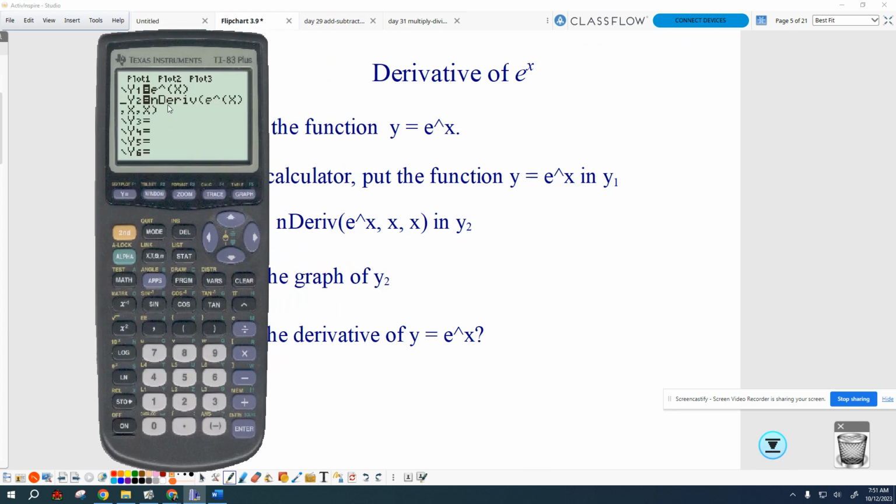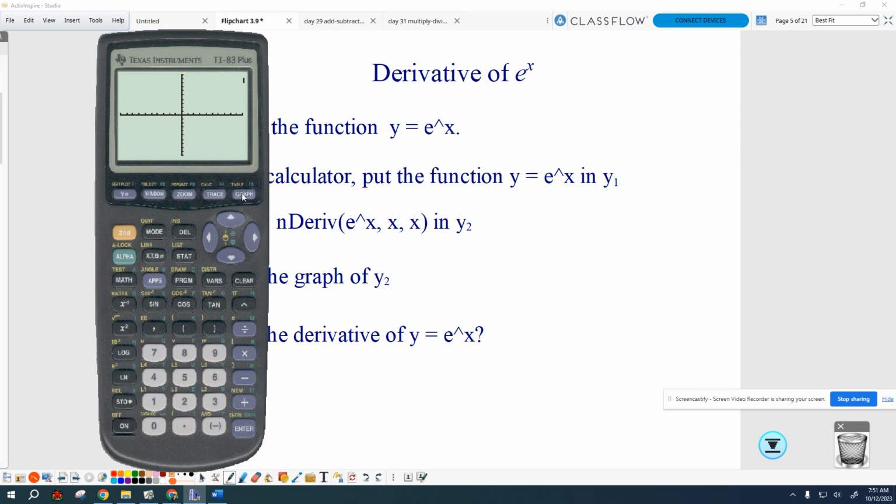All right, so in here, I've put in e to the x, and I don't know if you guys know this, but if you arrow all the way to the left, and you hit enter once, it changes the style that it's going to graph. So the top one's going to graph a skinny line, the bottom one's going to graph a thick line.